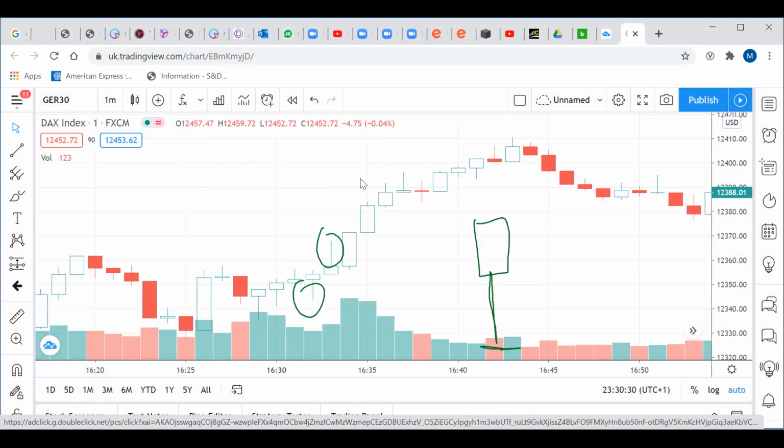And that's exactly what price does. I'll give you an example. Here we have a wick, which indicates that price wanted to go up. Why? Because it struggled to stay down. The next wick at one point did go higher. It was here. So at one point, price did go higher before it dropped.